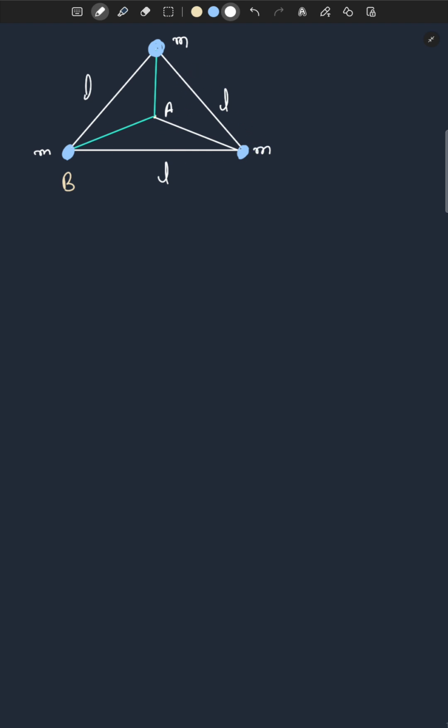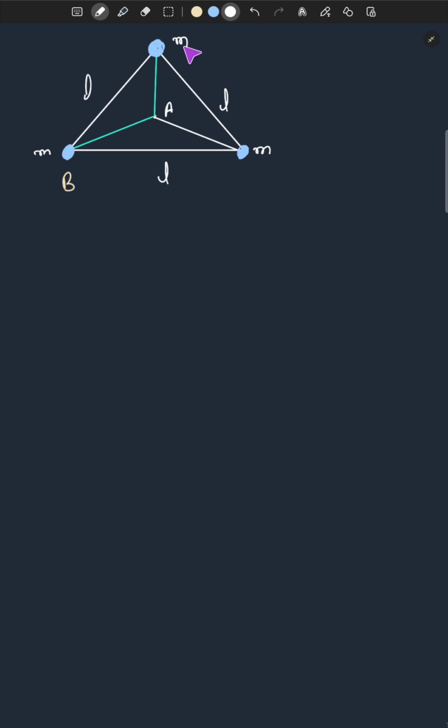It is only because it is an equilateral triangle that this is the centroid, and because all the three masses are equal, it is also the center of mass. Suppose this M had been 2M, then this would not be the center of mass. It would still be the centroid of the triangle, but not the center of mass, because the center of mass depends not only on the shape or coordinates, but also on the mass.